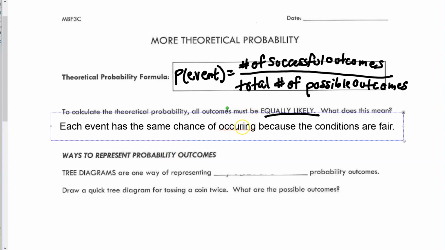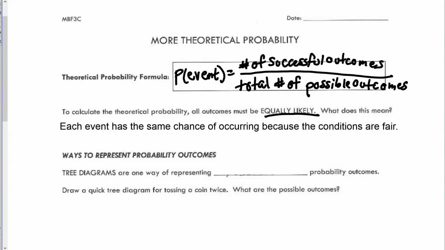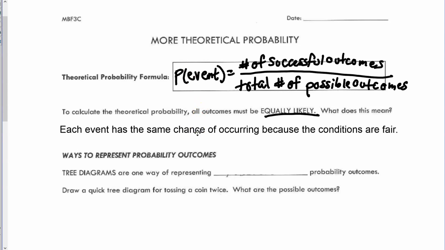There's two R's in the word occurring, did you know? Okay, so that's like the examples we talked about yesterday, right? Flipping a coin, pulling a card from a deck, rolling a die, all of those things, the options are equally likely. You have the same chance of getting all of the possible outcomes.